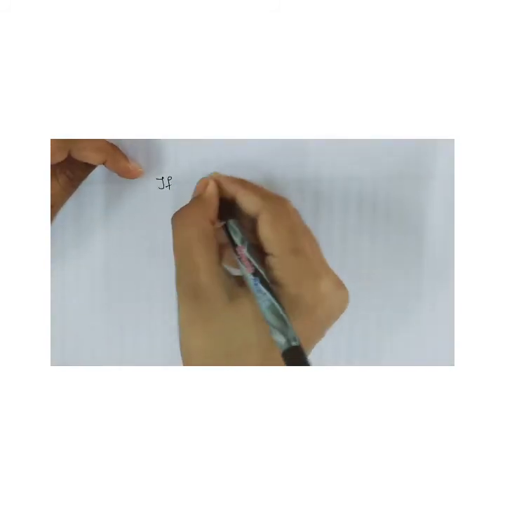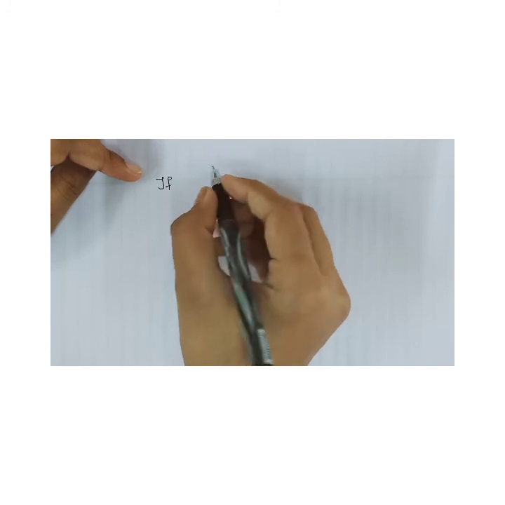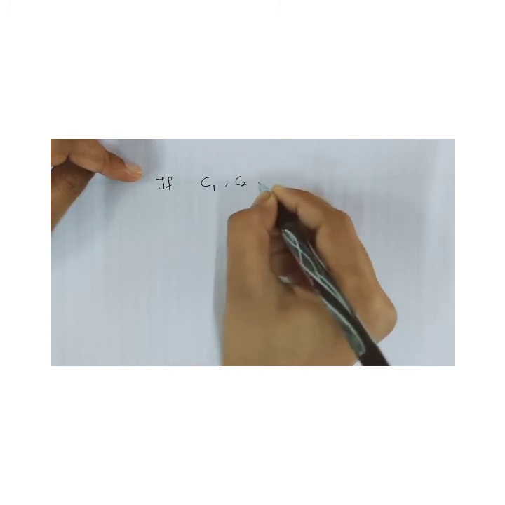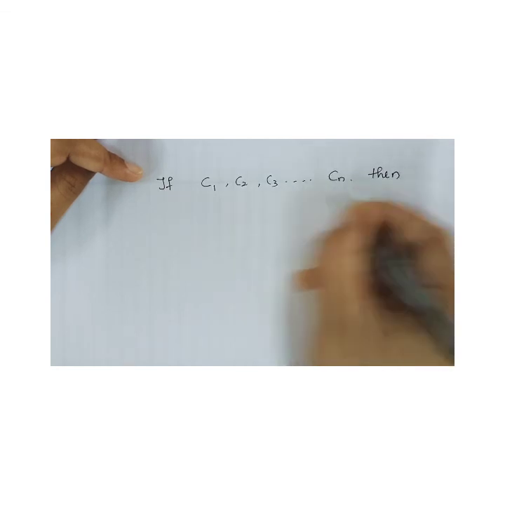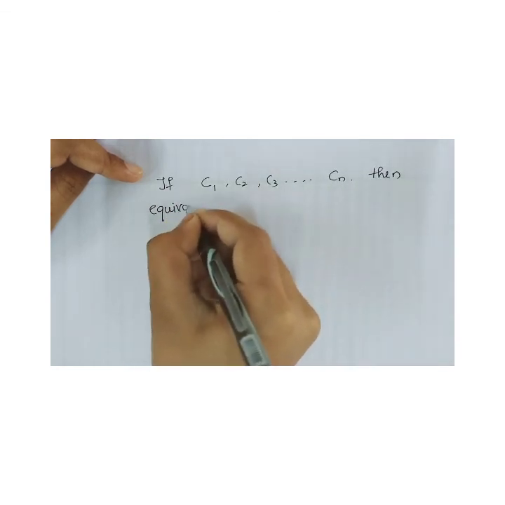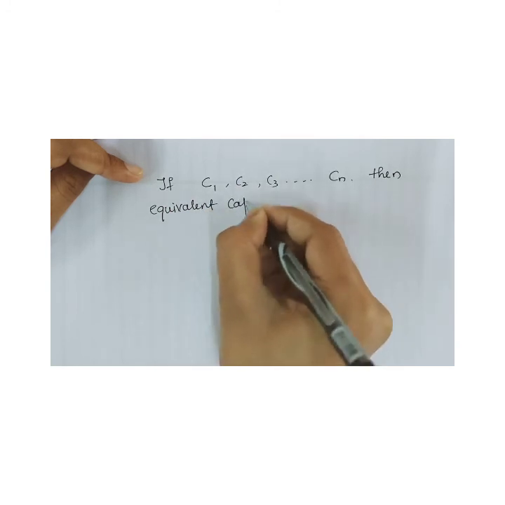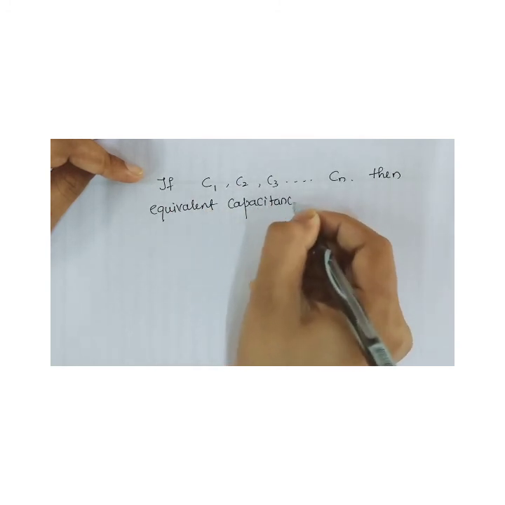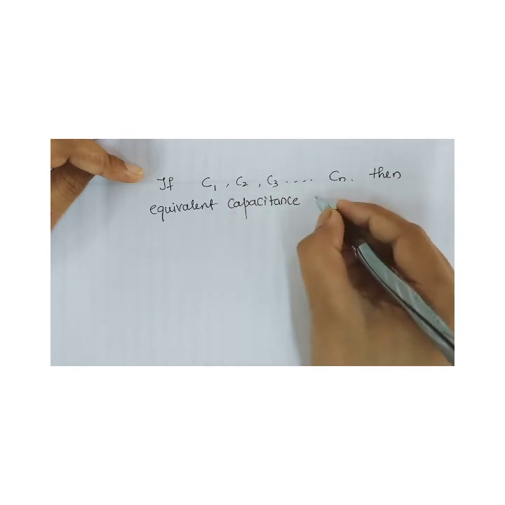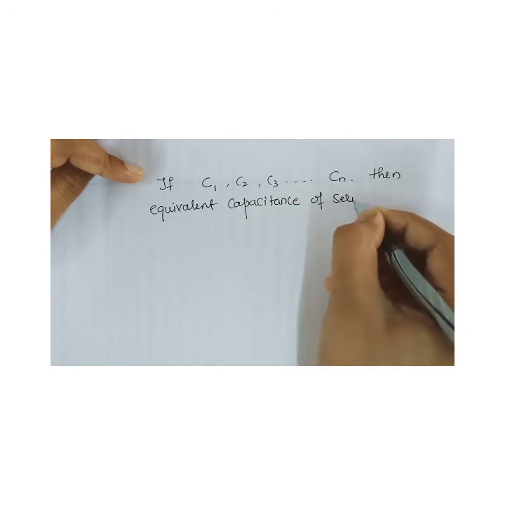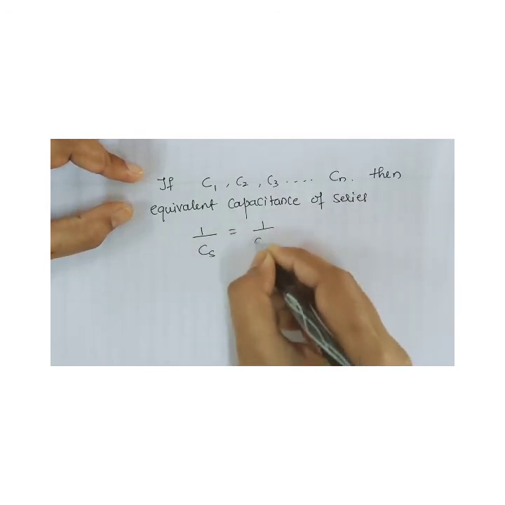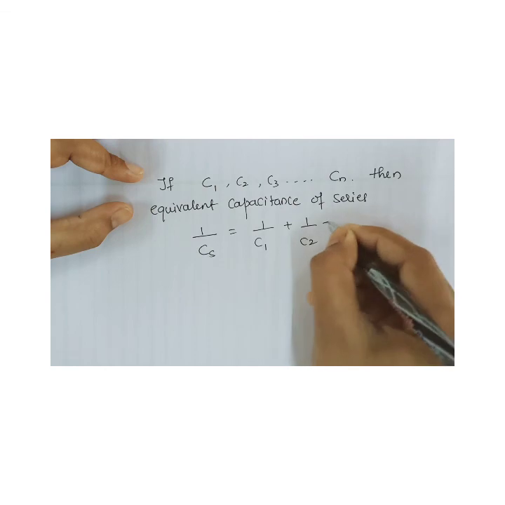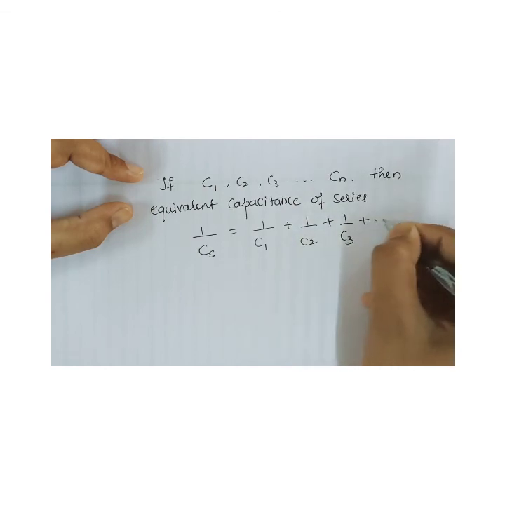If we have capacitances C1, C2, C3 and so on up to Cn, then what will be the equivalent capacitance? This is the final result: 1 by Cs equals 1 by C1 plus 1 by C2 plus 1 by C3, and so on up to 1 by Cn.